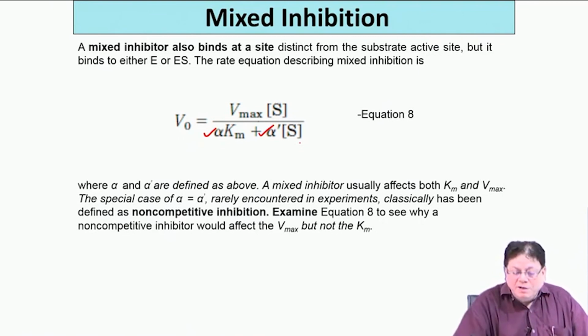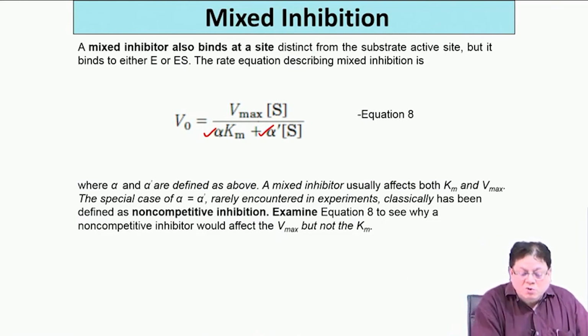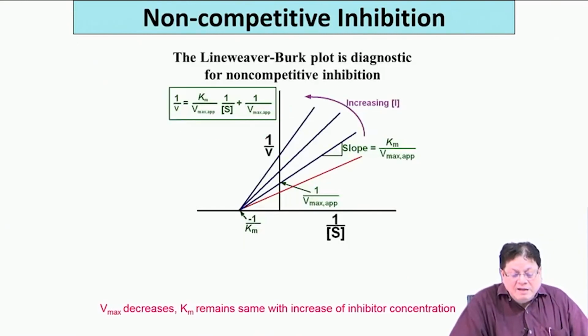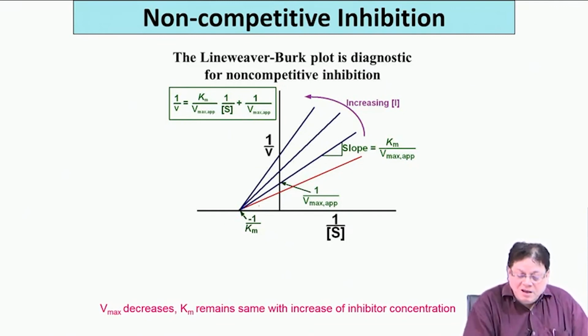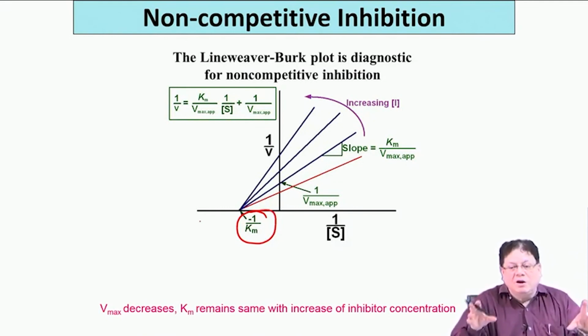So, non-competitive inhibition is a particular case of mixed inhibition, where these two constants alpha and alpha dash are the same, and in that case you will see another type of graph. Here Km remains the same, as I told you. Why does Km remain the same? Because the binding of inhibitor and substrate are independent of each other, but Vmax will decrease.